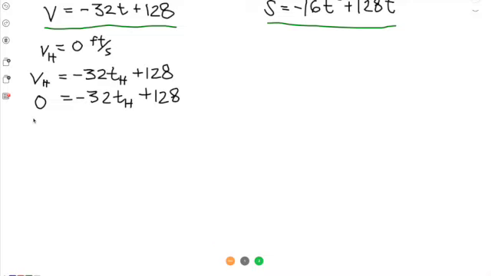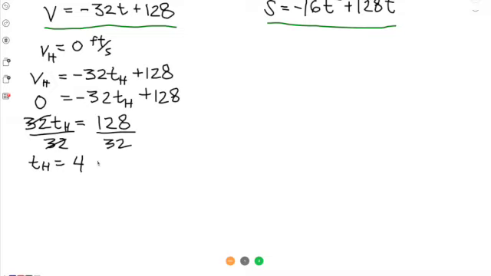We transpose: 32t at the highest point equals 128, and we divide both sides by 32. So the time for the stone to reach the highest point would be 128 divided by 32, which is 4. The time to reach the highest point is 4 seconds.